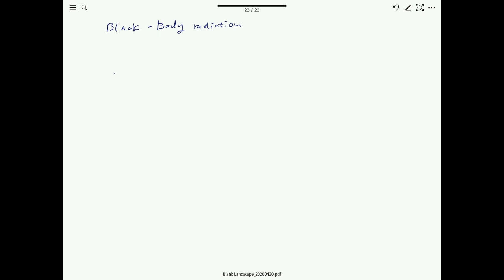Here, one important thing is to calculate the density of states in omega space, that is g(omega).